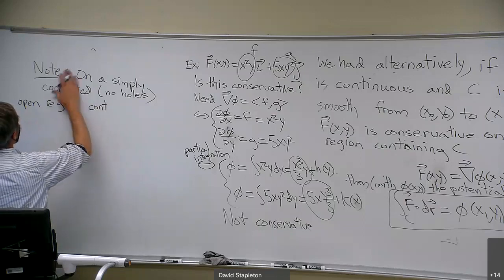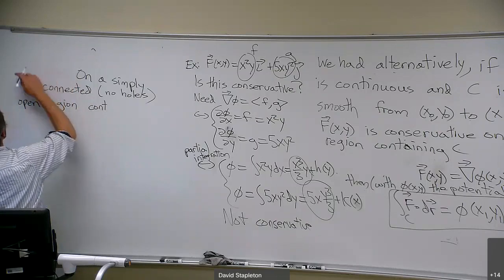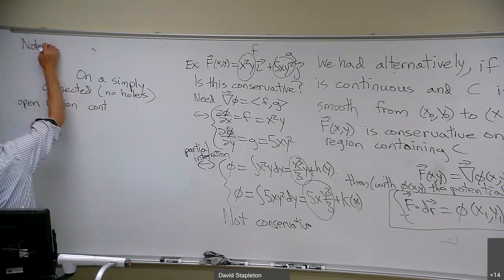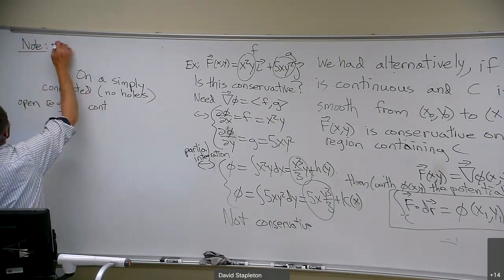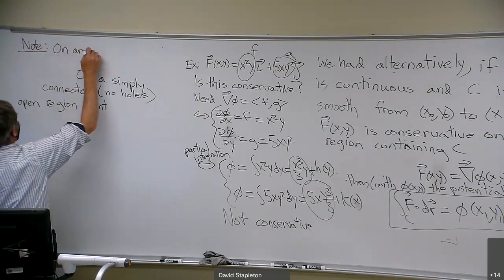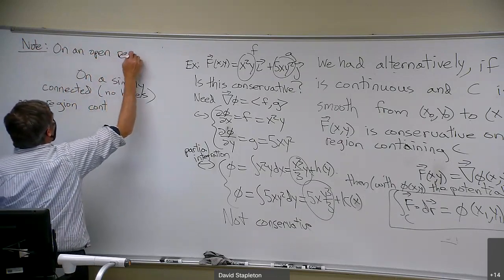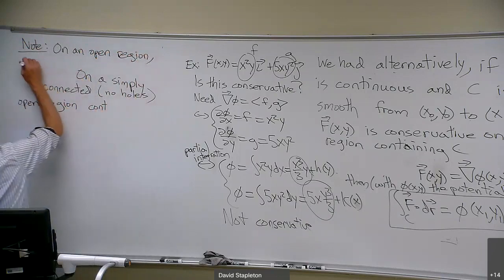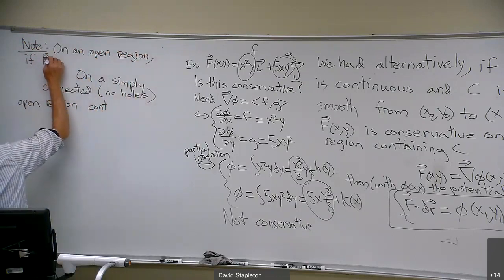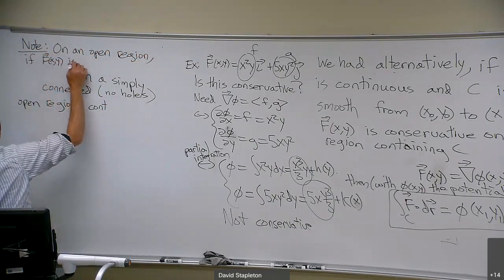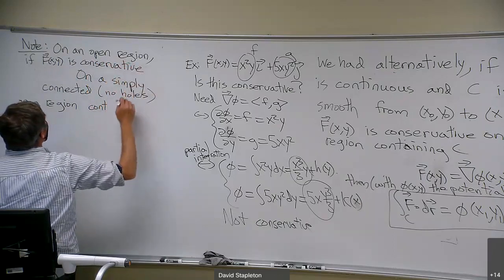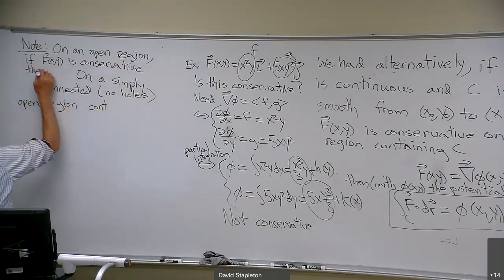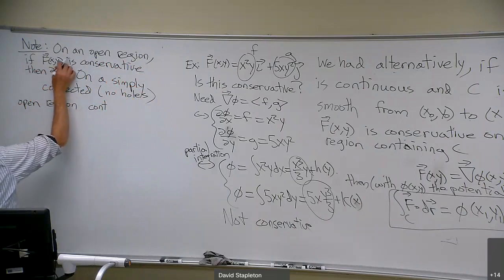I should put this second. I'm going to put this one second; I think it fits better second. On an open region, if f is conservative, then it turns out that dg dx equals df dy.